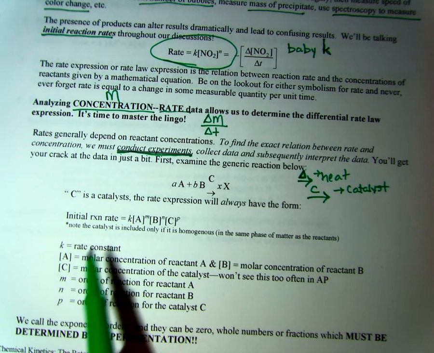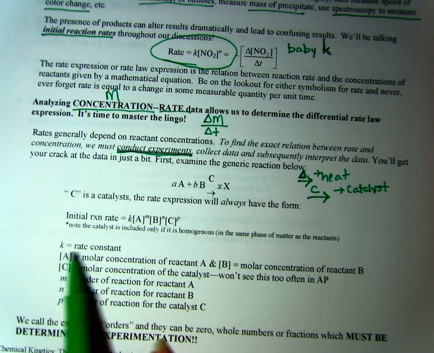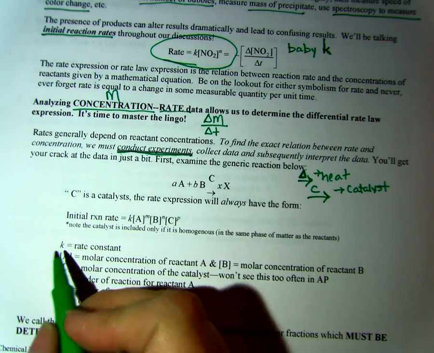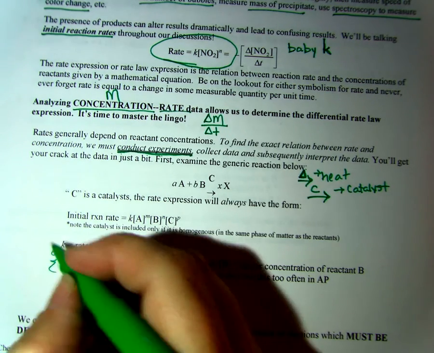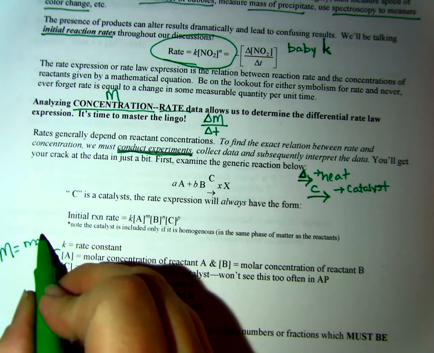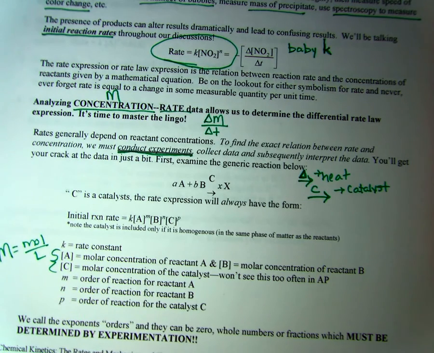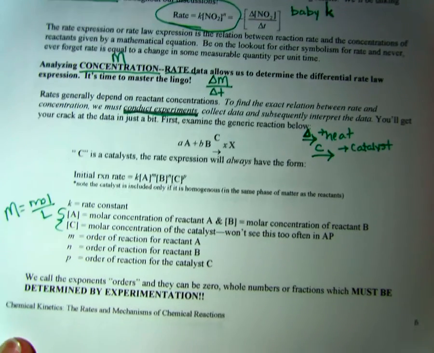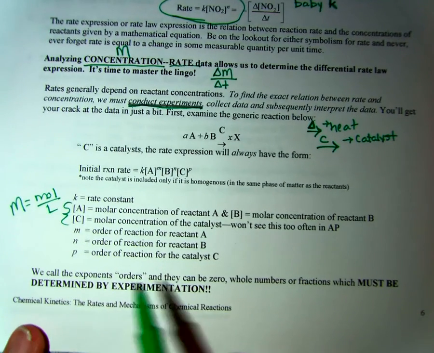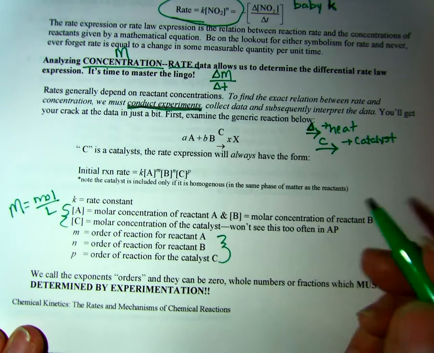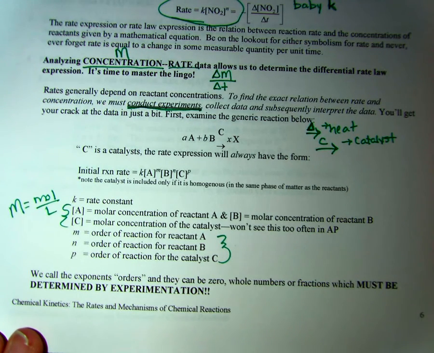All right, so looking at what all of these mean, K is your rate constant. Your concentrations, the molar concentration of reactants, remember that is going to be your molarity, which, remember, molarity is actually just moles per liter of solution. Okay? And then this M, N, and P, those are your numbers that are your exponents.